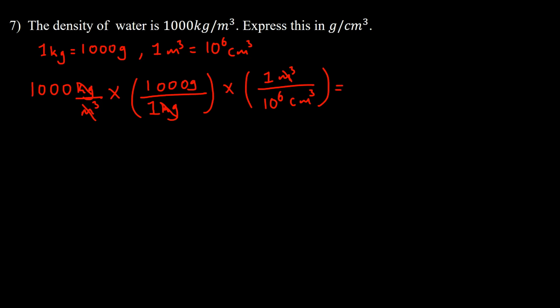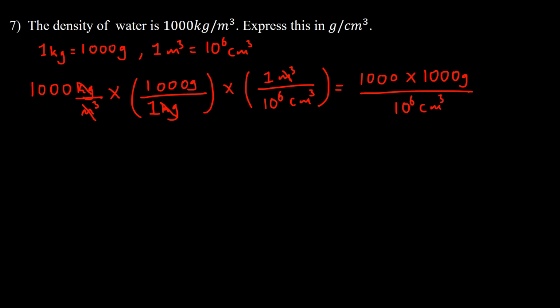Let's multiply what we have. So 1000 multiplied by 1000 grams and then divide by 1 million cubic centimeters.